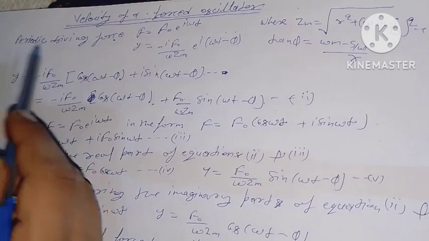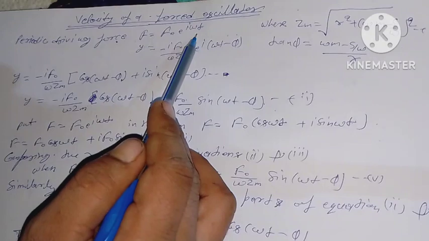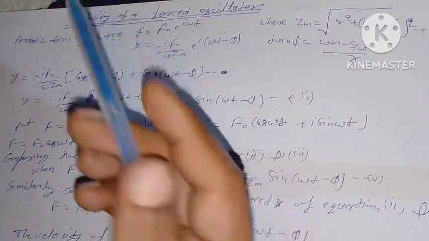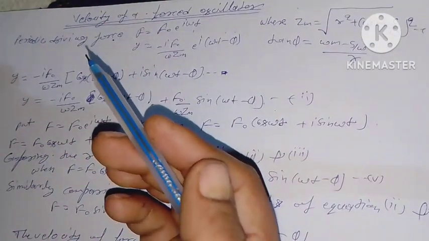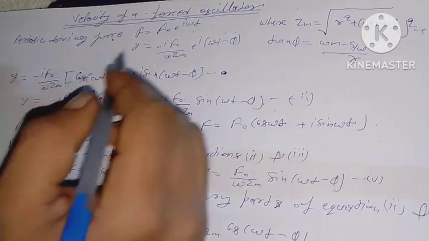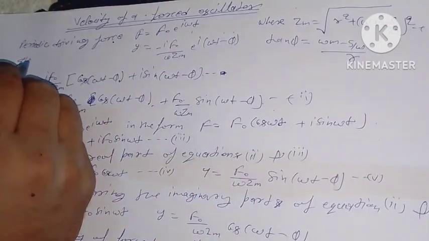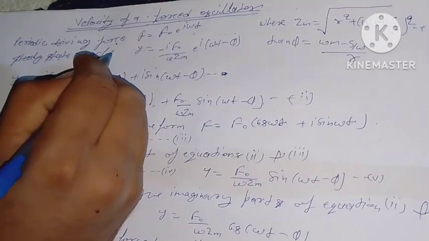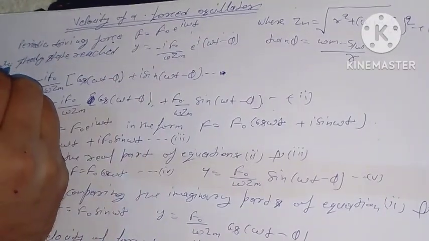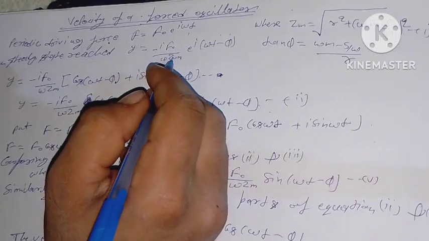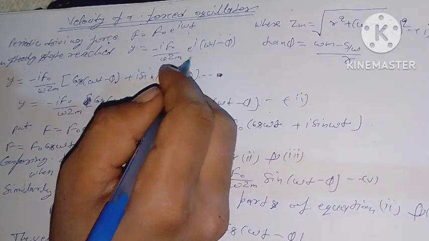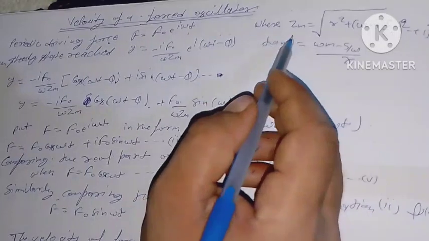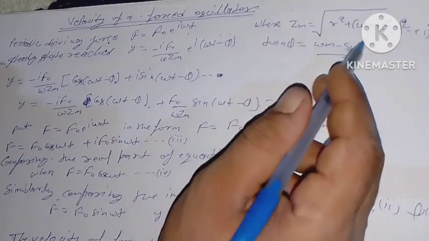When a periodic driving force F equal to F naught e to the power i omega t is applied to a damped oscillator and a steady state is reached, the displacement is given by y equal to minus i F naught upon omega Zm e to the power i omega t minus phi, and Zm equal to under root of r square plus omega m minus s by omega whole square.